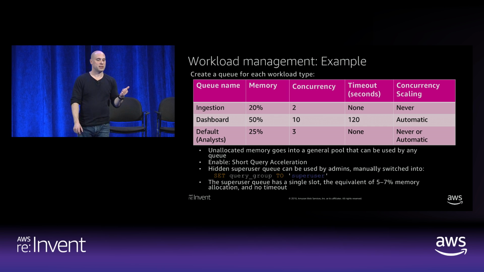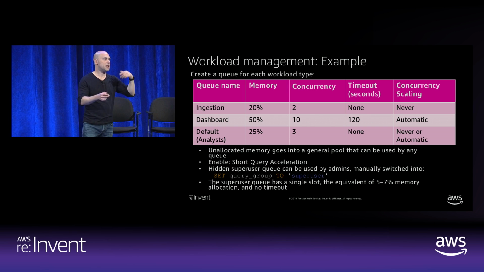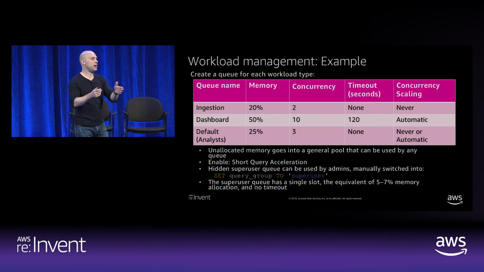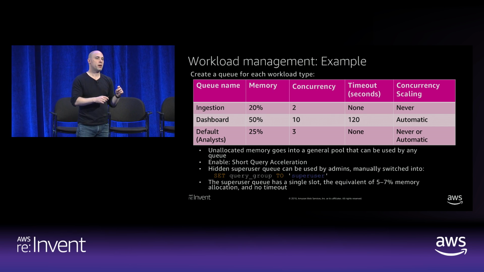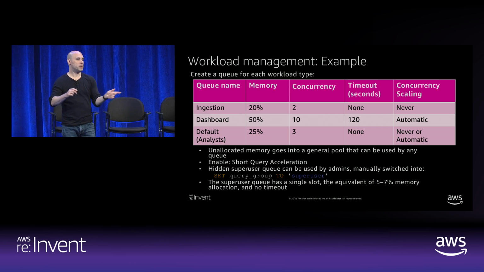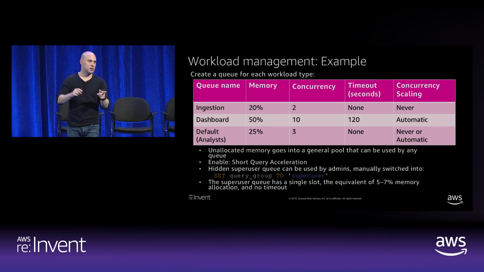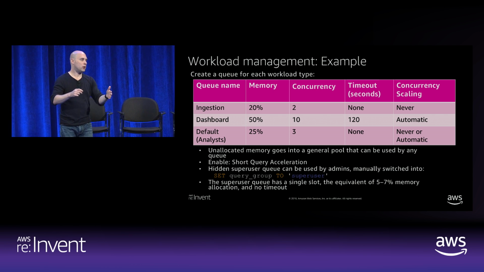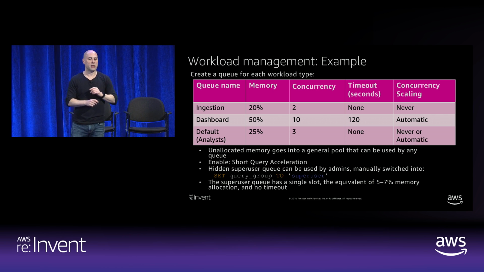So what that means is if there were a large number of queries that were running against this, maybe you hit 15 queries, what would happen is once you went over 10, the queries would begin to queue. With concurrency scaling enabled, we will in the background create these transient clusters and begin routing those queries to those clusters, clear the backlog, and then we can get rid of those transient clusters.